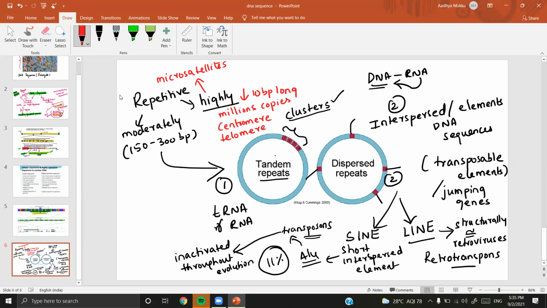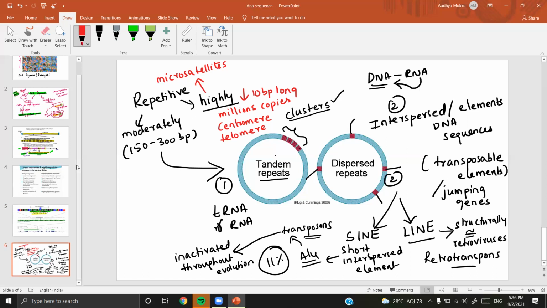Before they decompose, they separate in the form of a satellite. They move out as satellite bodies. Why? Because of their composition. What is their composition? Nothing but repetitive base pair units. So we call these microsatellites, highly repetitive units.